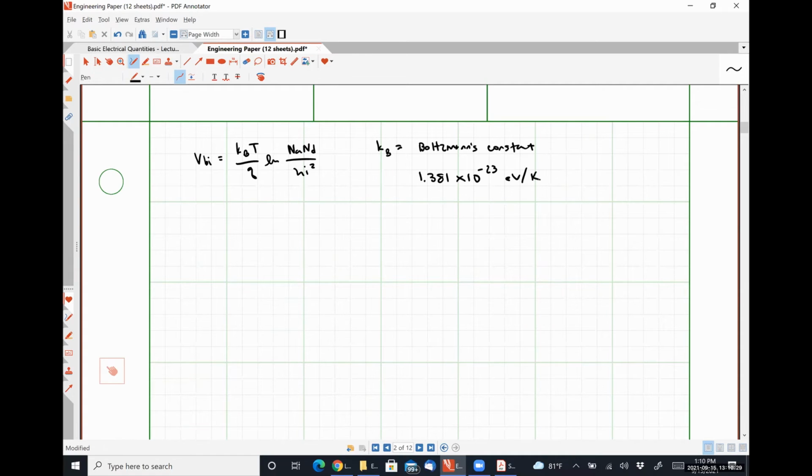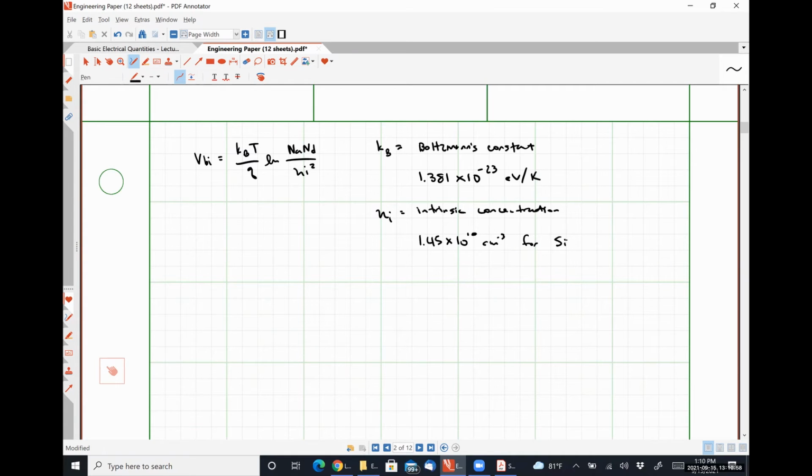I already gave you guys what Q is, and NI is the intrinsic concentration of the semiconductor material. So let's call it 1.45 times 10 to the 10 per cubic centimeter for silicon.